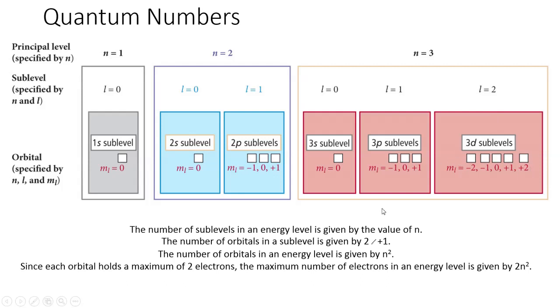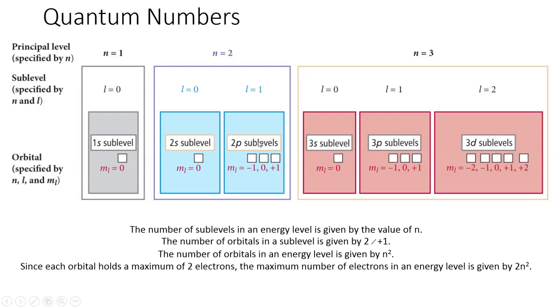The number of orbitals in a particular energy level, let's say n equals 2, is given by the value n squared. 2 squared is 4. There is 1 2s orbital and 3 2p orbitals.